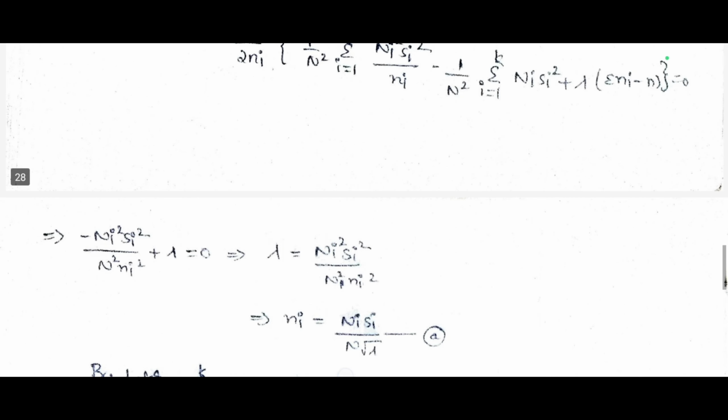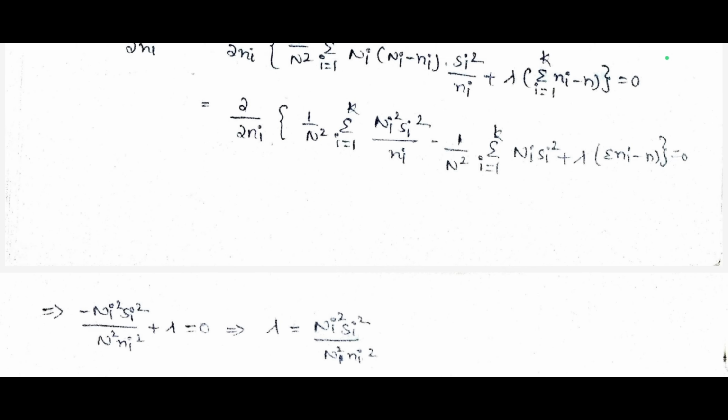In the first step, the differentiation gives minus 1 divided by n square, Ni Si square over ni square, where n square will be the constant, plus, and there is no term in the small ni, so this will become 0, plus lambda of summation ni, which is 1, so the summation value will be lambda.